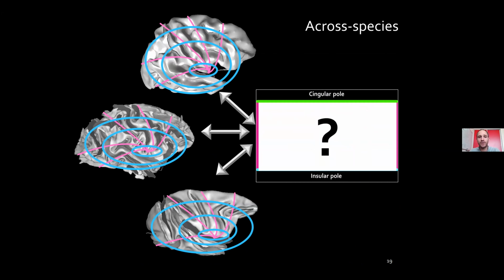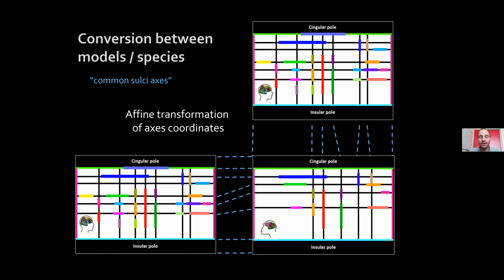For that, we have two difficulties. The first one is the technical one. Let's say that we have defined the model for each species, as I showed before. Then we have to define correspondence across the models, and that's very easy. We just have to translate the axes from one species to another. So we just apply affine transformations of the coordinates, and then we have the correspondence. So no difficulty here.